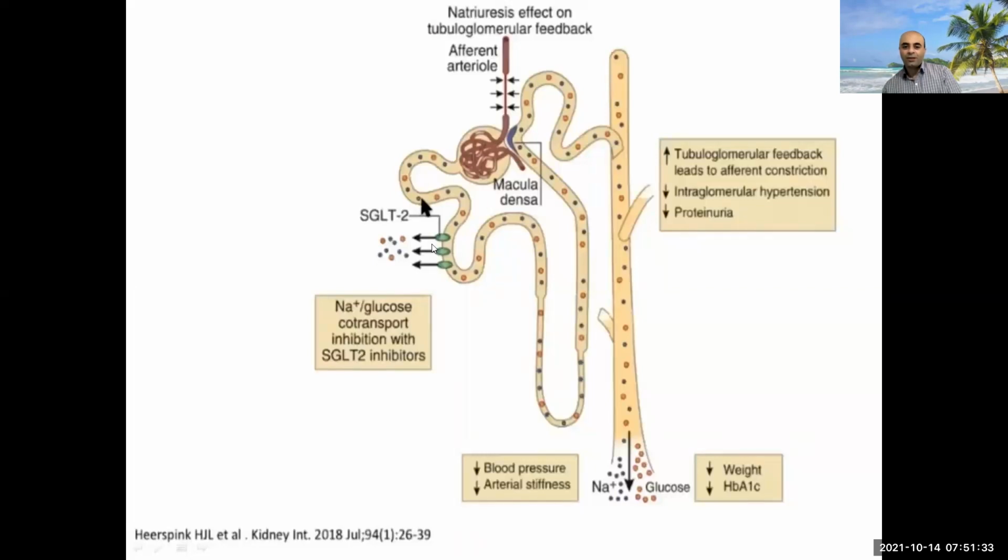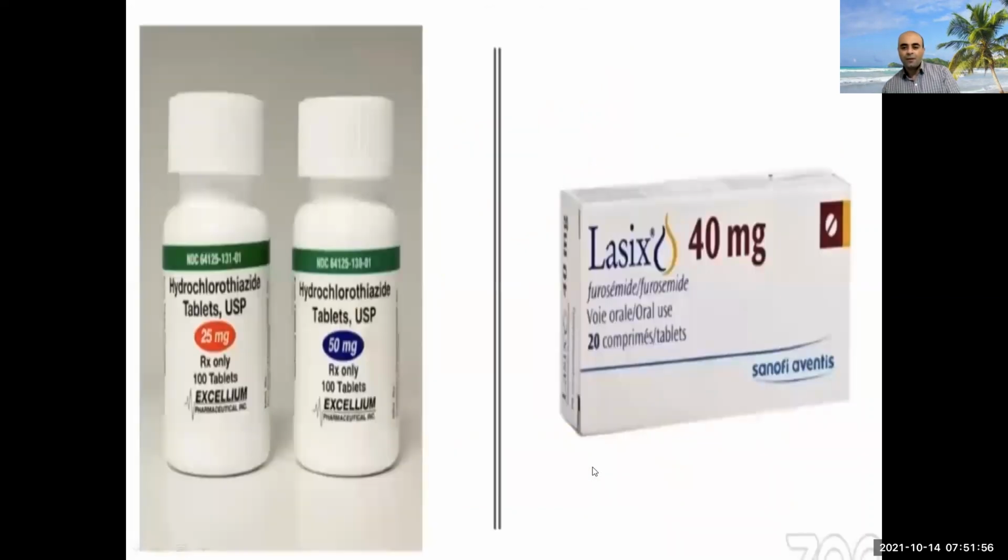This is the mechanism of action. The SGLT2 receptors here in the proximal convoluted tubule will be blocked; they are responsible for reabsorption of sodium and glucose. All this will be blocked, and the glucosuria creates an osmotic gradient and takes water, leading to more osmotic diuresis and more correction of our sodium.